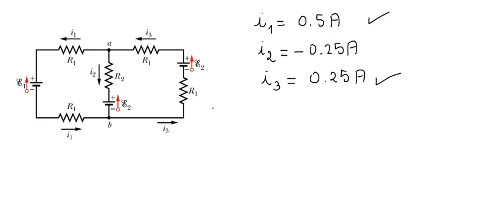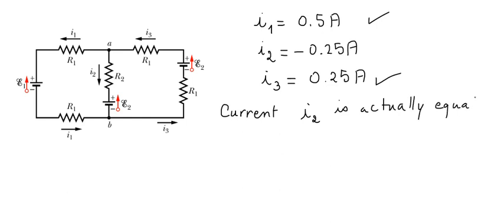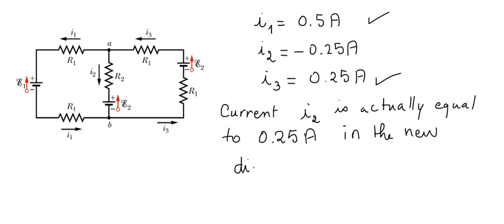So actually, what we can say at the end, the conclusion, is that the current I2 is equal to 0.25 ampere in the new direction shown in red.